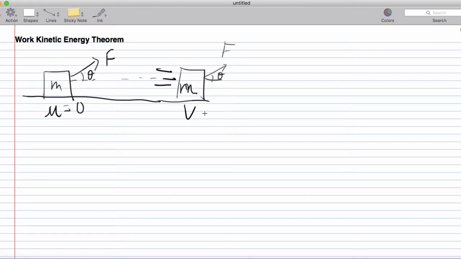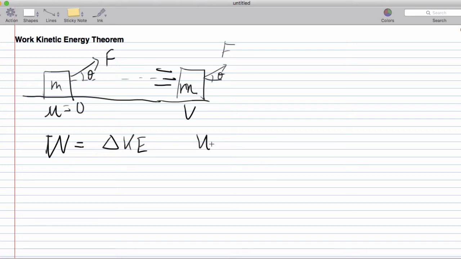What we're basically saying is that this force does work to give this object kinetic energy. So now there's kinetic energy stored in the object, and so the work done on this object forces it to change kinetic energy.